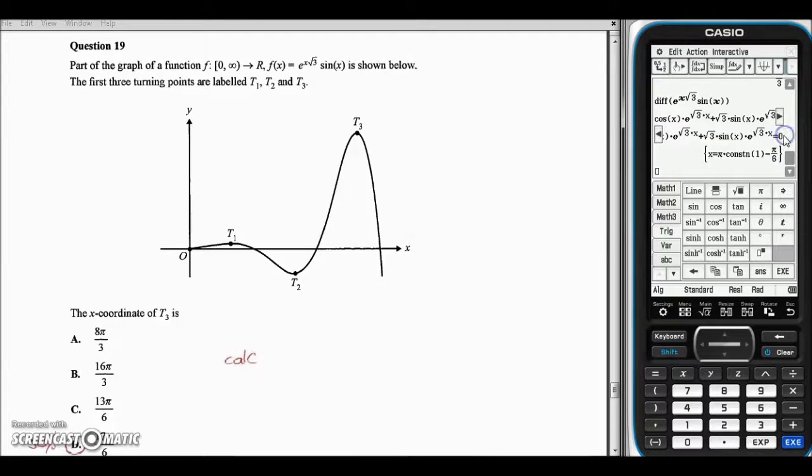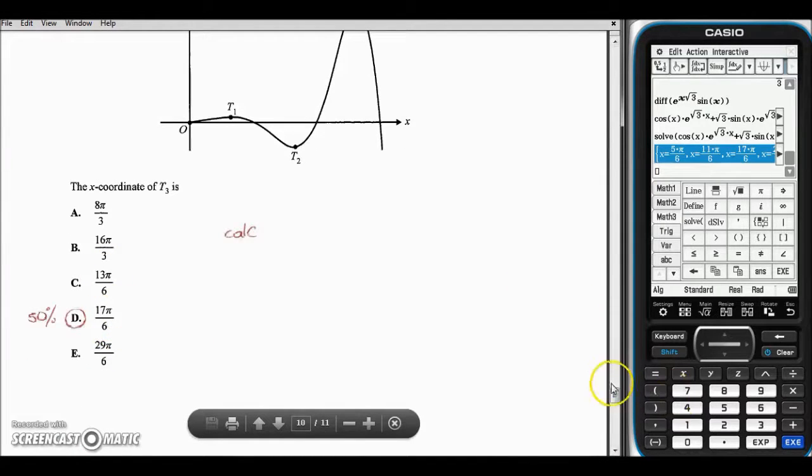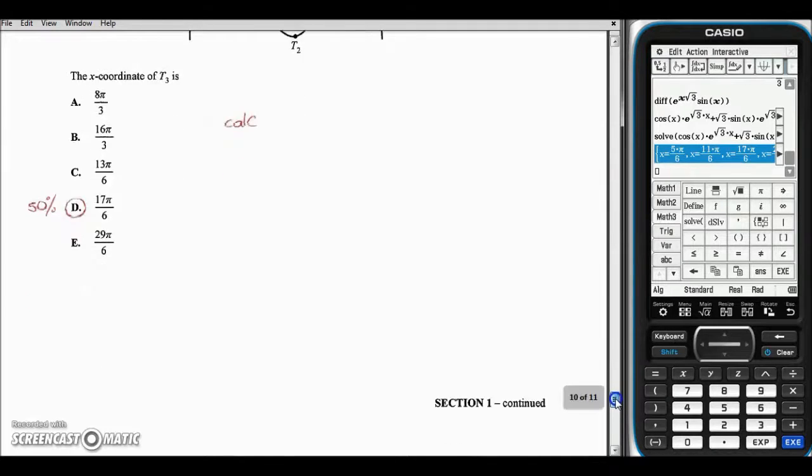But what I can do right at the end is say, given that, I just want to know what all the solutions are between 0 and, say, I don't know, 10. And that happens to give me the first 3 stationary points. If I had made that something else, like 20, it would have given me a few more stationary points. It wouldn't matter. I want the third one. The third one is 17 pi on 6, so the answer is 17 pi on 6. Okay, so you might think that's probably a longer way to do it than just by graphing it, but I know some people had issues with the graph, so try both.